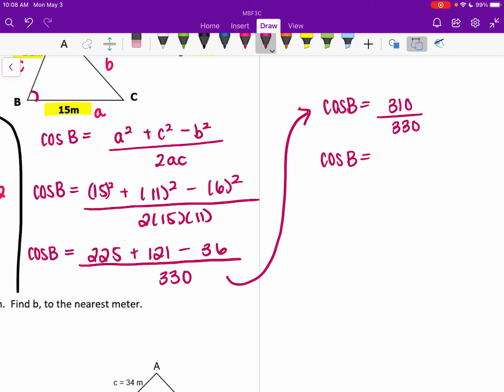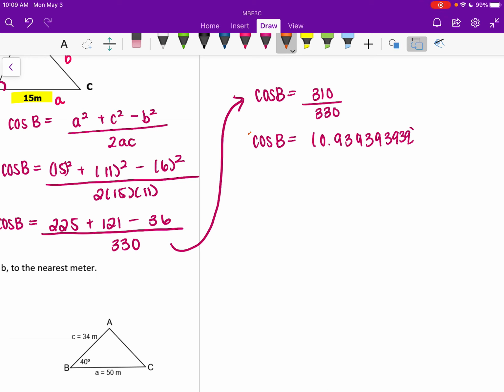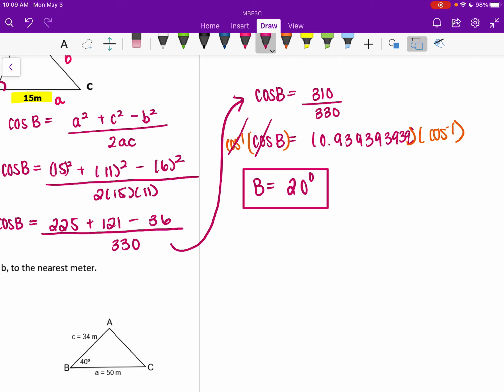So I'm just going to write in as many as I can. And now I'm going to do inverse cos for both sides to get rid of the cosine. Inverse cosine will knock these out here. I'm left with inverse cos of that. And it should give me 20.04, so I'm just going to leave it at 20. So angle B in this situation is equal to 20.